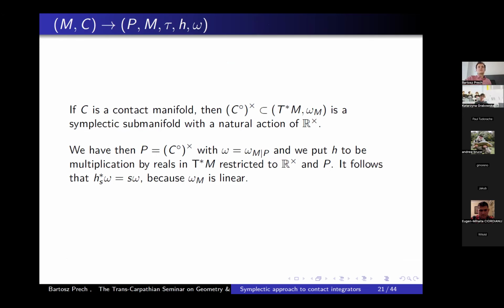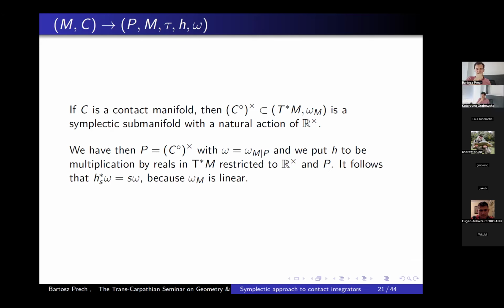We are showing first how to pass from a contact manifold to the symplectic one, how to construct the symplectic counterpart, and then we go the other way around: start with the symplectic homogeneous bundle, and then show how to construct a contact distribution. But your C is not a contact manifold, it is a contact distribution. Yes, sorry. C is a contact distribution on a manifold M.